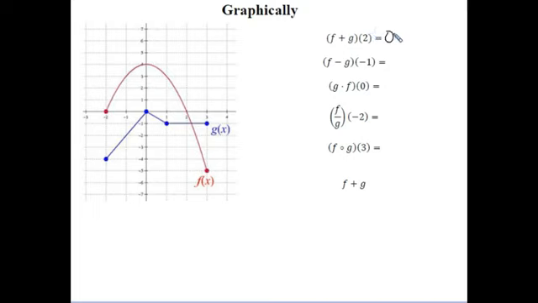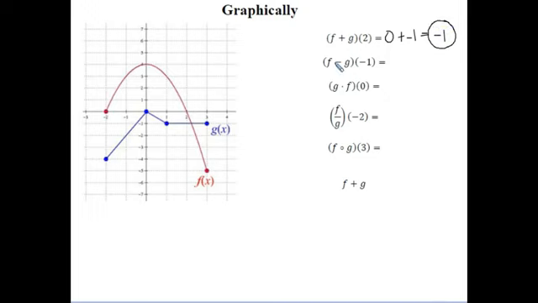So f of 2 is 0, but I want to add that to my answer for g of 2. If we look at our g equation, when we put in 2, we get an answer out of -1 right there. So if I take 0 plus -1, my overall answer on this operation of functions would be -1.